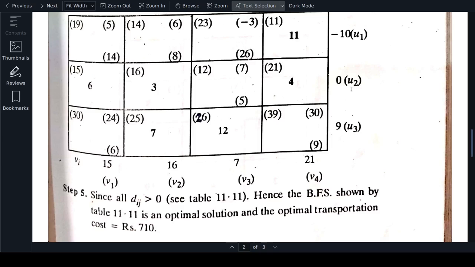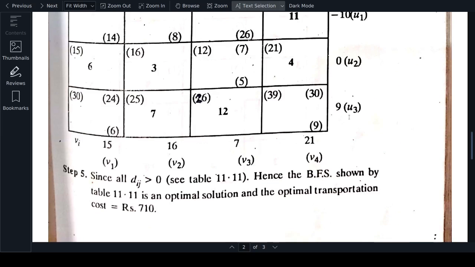Right? Then 12 means second row, cell number 2, 3, unoccupied cell. Then cell number 3, 1. Cell number 3, 4. These are the unoccupied cells. So in the unoccupied cell, how to write Ui plus Vj?